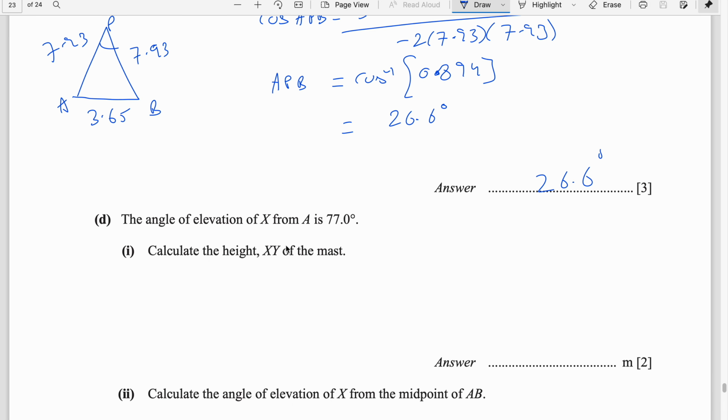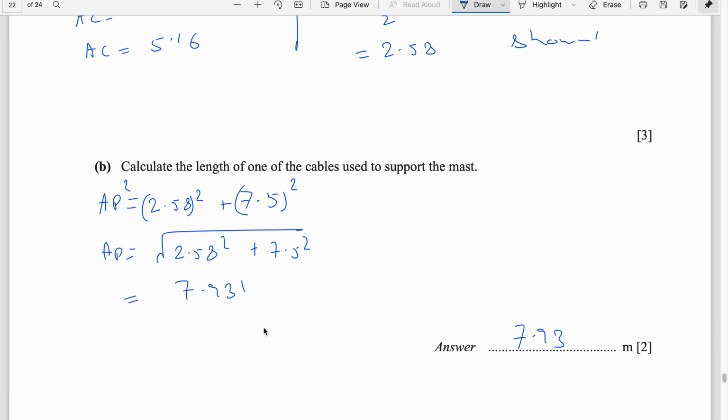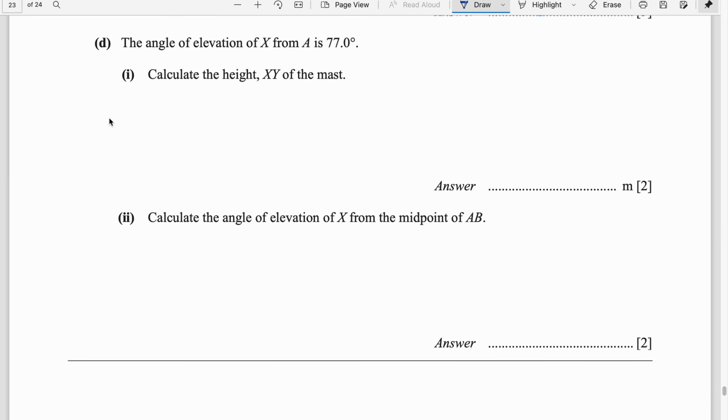The angle of elevation of X from A is 77. Now this is X, this is A, this is Y. I'm extracting this triangle AXY. What's given is the angle of elevation of X from A is 77, already known.